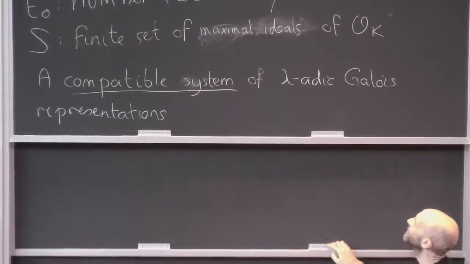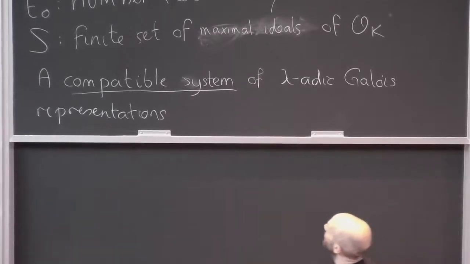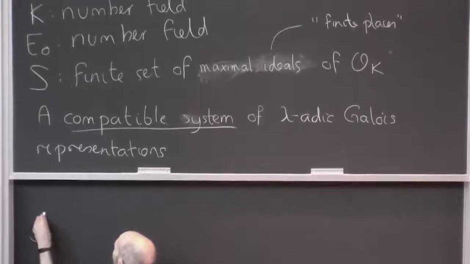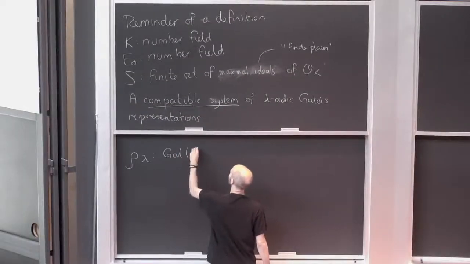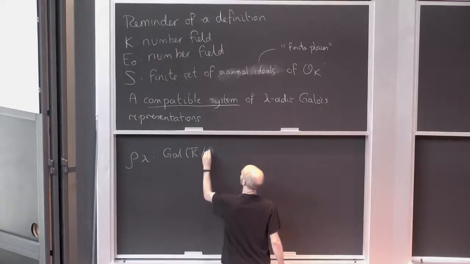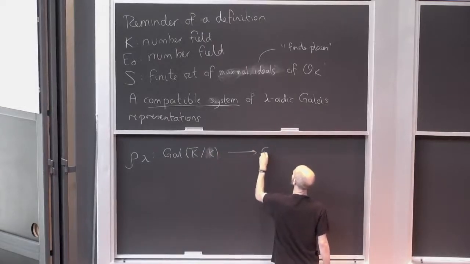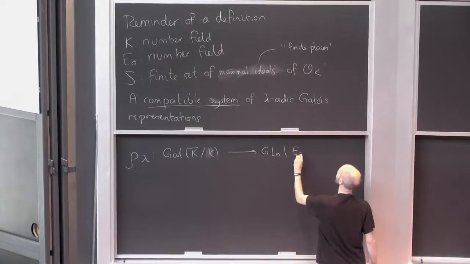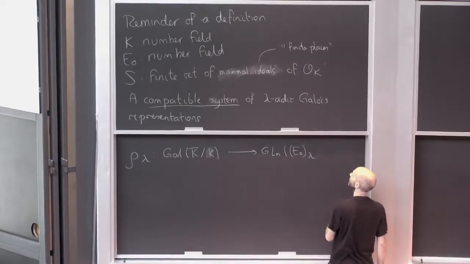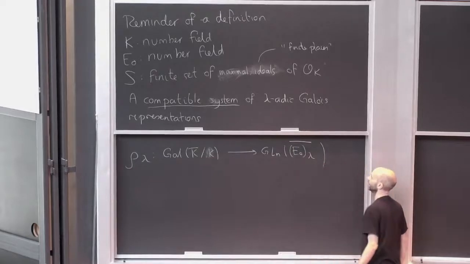A compatible system of lambda-adic Galois representations, so I guess these would be rho_lambda from Gal(K-bar over K) to GL_n, and I guess it would go to E_lambda, maybe bar if you like.